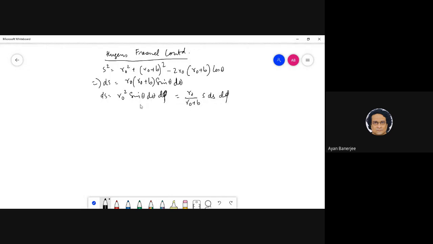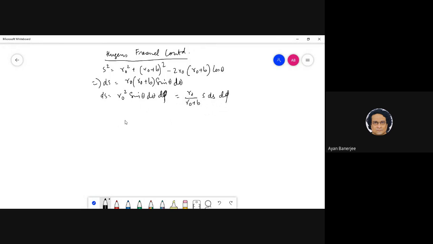So for the jth zone, we replace the sine theta d theta element like this.